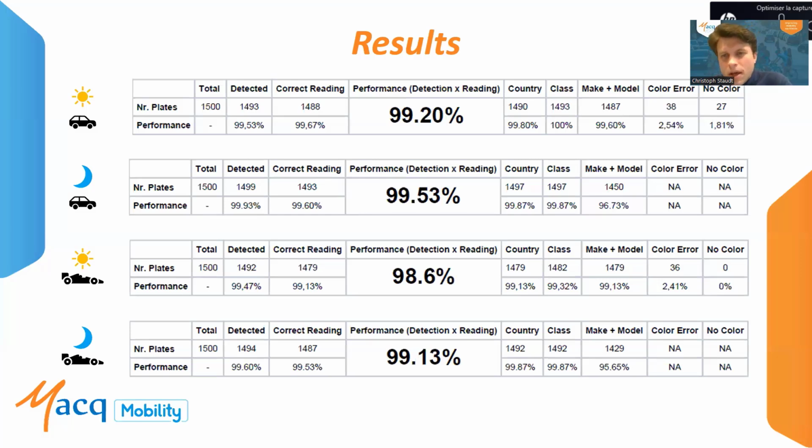Make and model, also very good, I would say. So for police who want to search for certain cars, at the same time, it can be very interesting to know this.